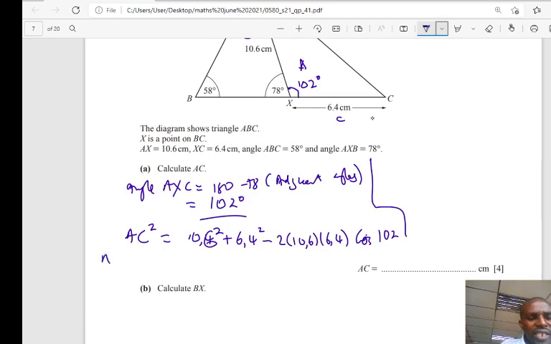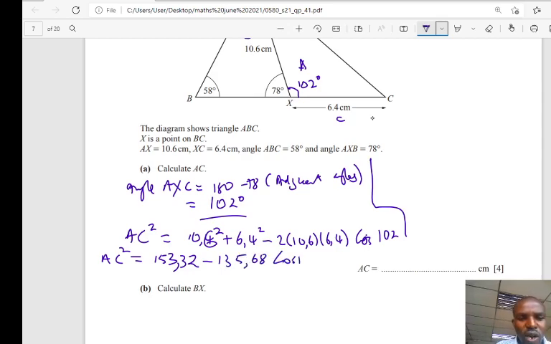Then you say AC squared equals, then you simplify this one, 10.6 squared plus 6.4 squared. You get here 153.32 minus 2 times 10.6 times 6.4. We get 135.68, then cos 102.